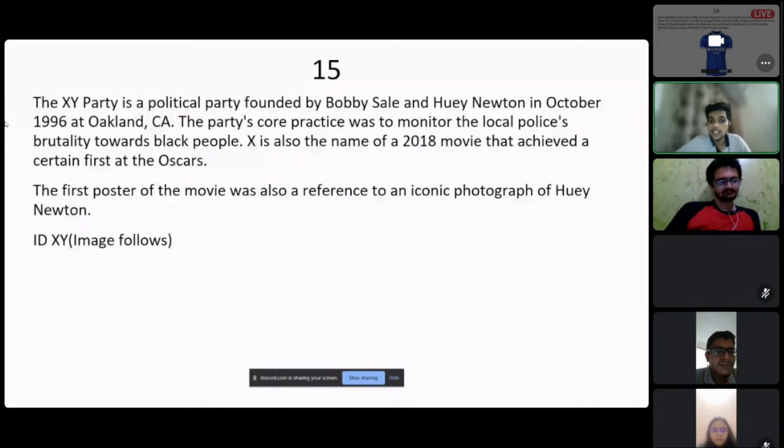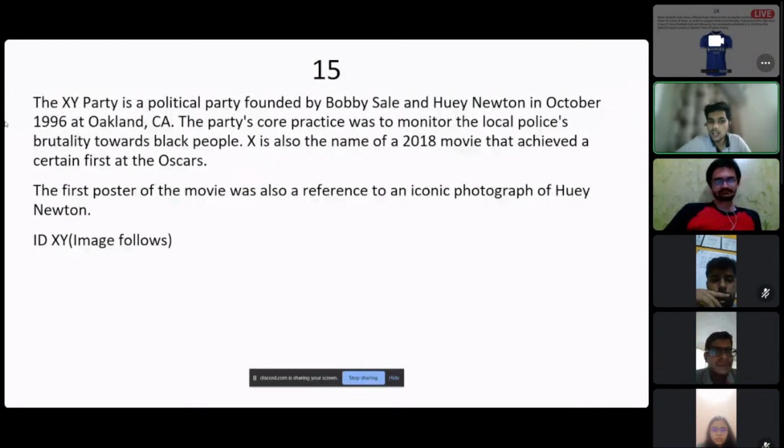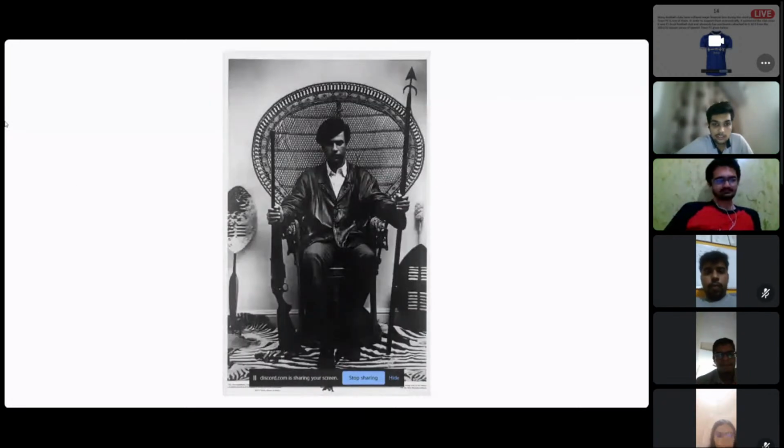X is also the name of a 2018 movie that achieved certain firsts at the Oscars. The first poster of the movie was also inspired by an iconic photograph of Huey Newton. Identify XY from the images. This is the image, and the pounce will close very soon.